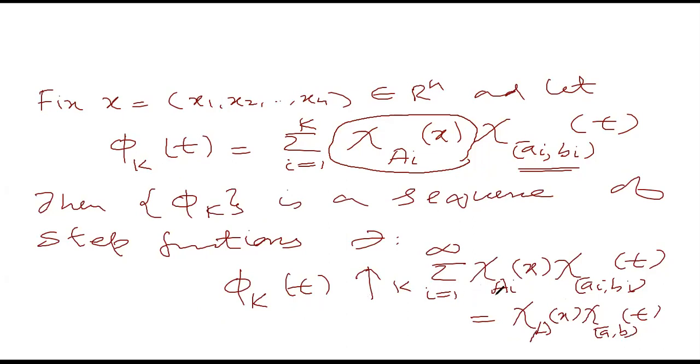So this phi k(t) increases to this function, chi A(x) into chi (a, b)(t).